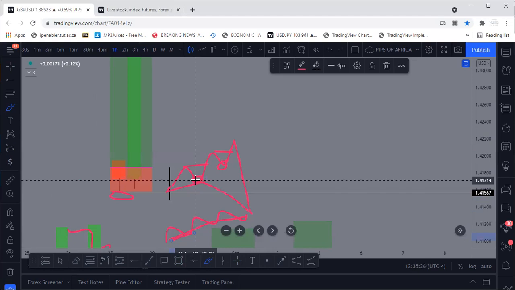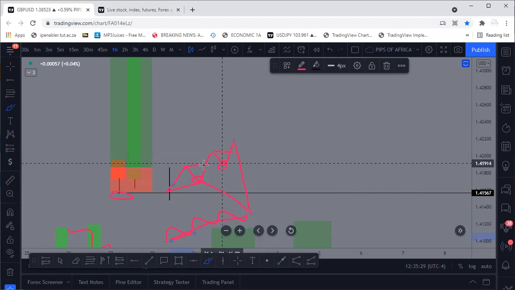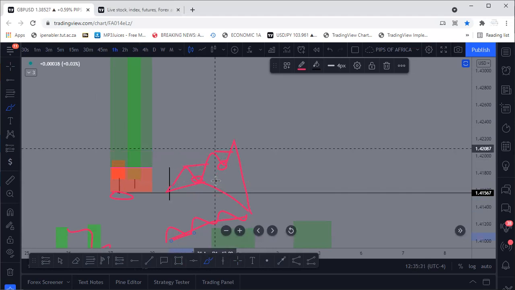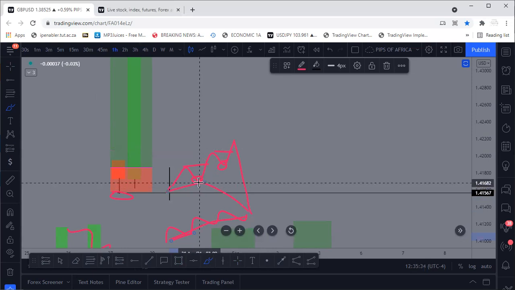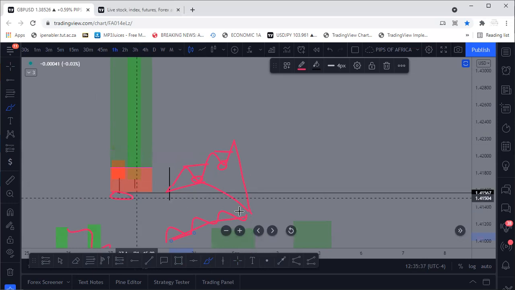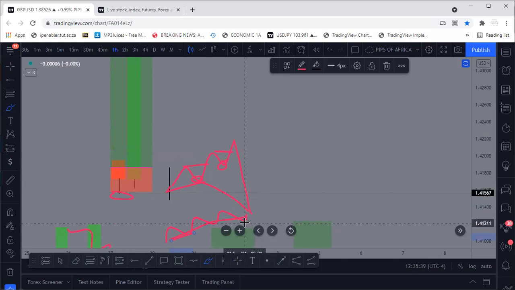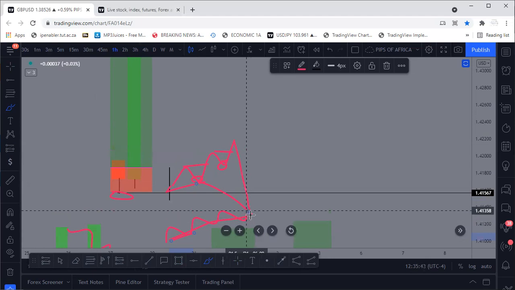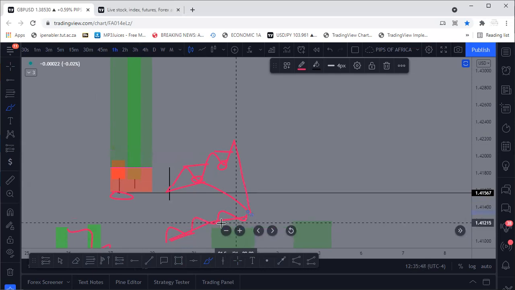Yes, the price was breaking the structure to the upside as it broke the structure here, but divergence was not there. And then when the price shot to the downside like this, grabbing liquidity underneath, that's when you start seeing the divergence. The divergence started to occur at that time when the price was shooting down. Now we have a divergence, the price is going down, the other side is going up.